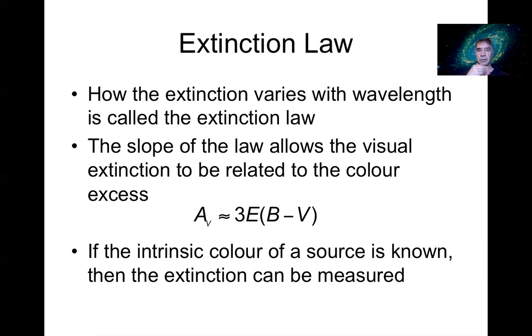If you go back and look at the tables that we've had in the workshop, a small change in spectral type gives a very large change in absolute magnitude for many different types of star. So that can be very problematic and error-ridden, whereas the color varies slowly and smoothly with spectral type, and this is a much more accurate way of getting to the extinction. So that's usually the way that it's used.